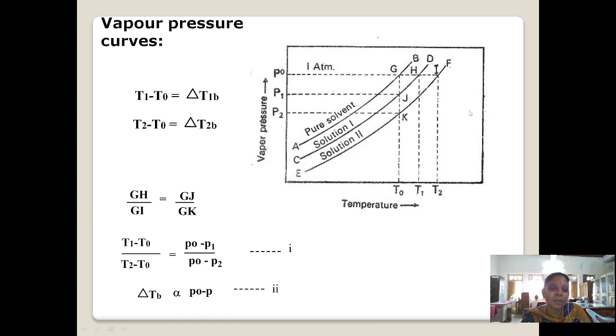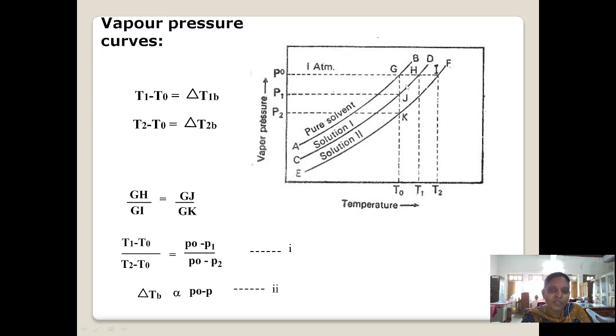From these vapor pressure temperature curves, we get the relation that T1 minus T0 equals delta T1B, the elevation in boiling point for solution 1 and pure solvent, and the elevation in boiling point for solution 2 and pure solvent is delta T2B.